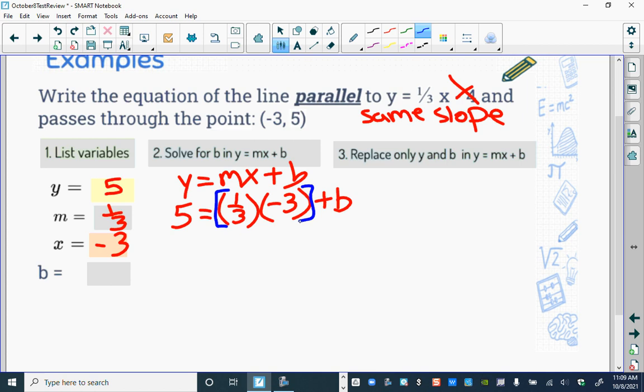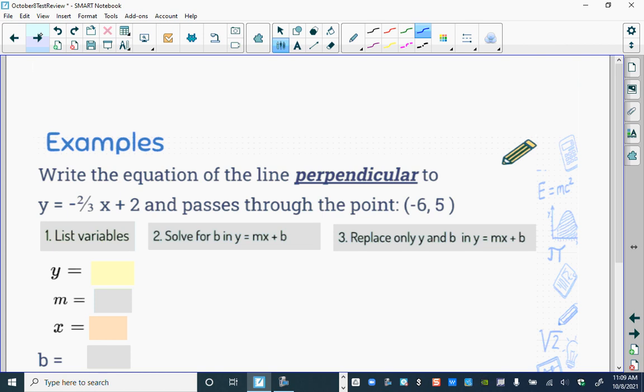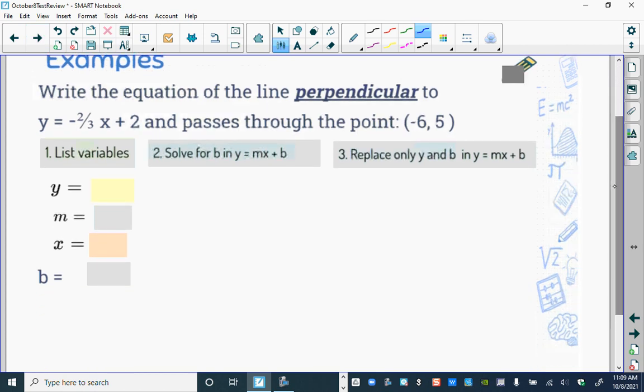The last problem on the next slide, the one thing I really want to mention, the perpendicular slope. Some of us forgot that move. This is your original slope.